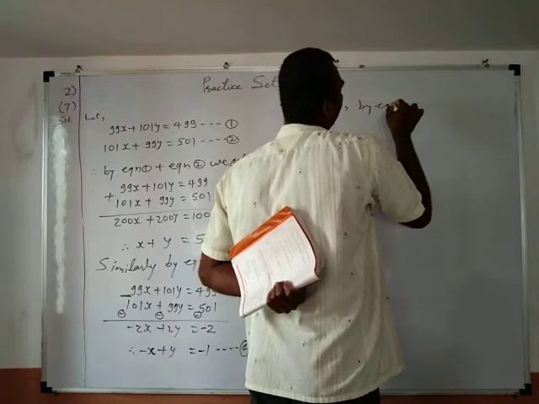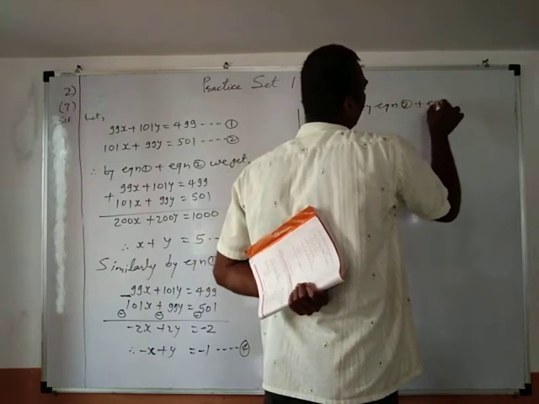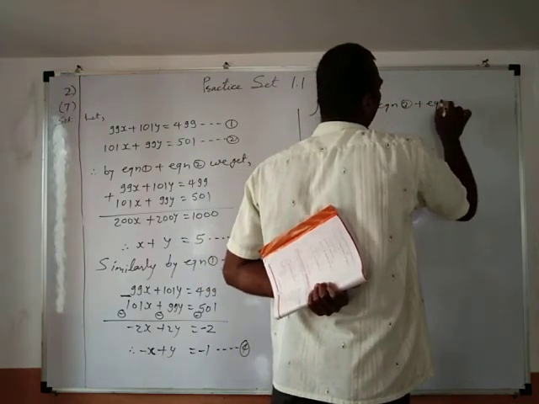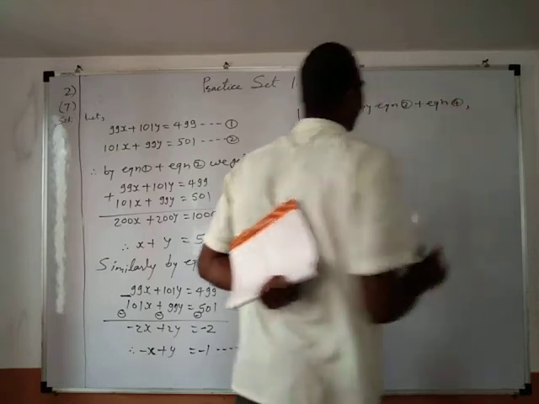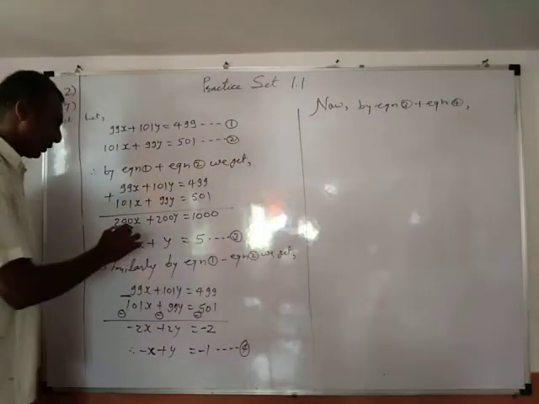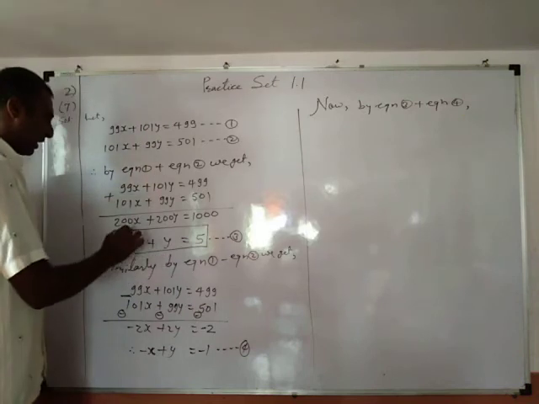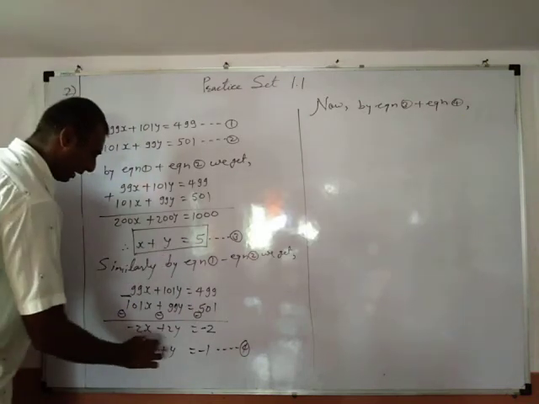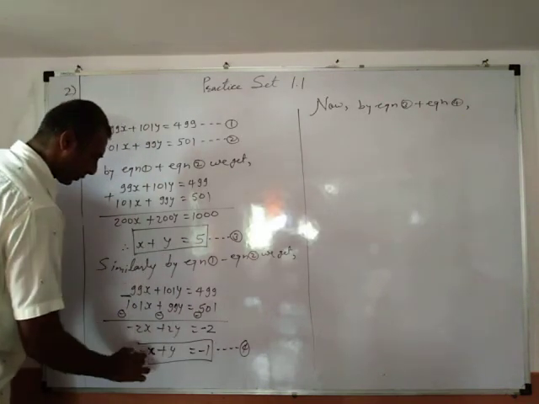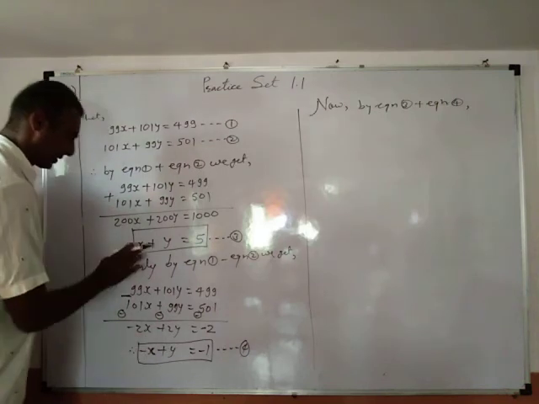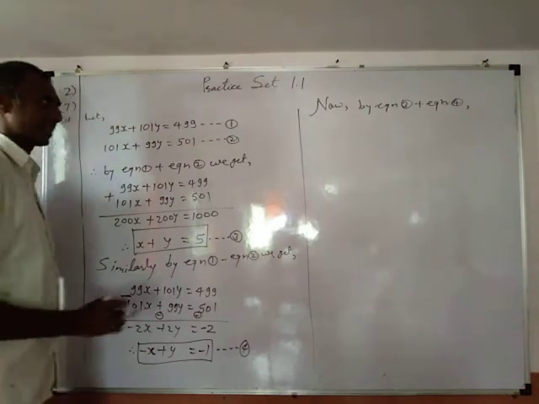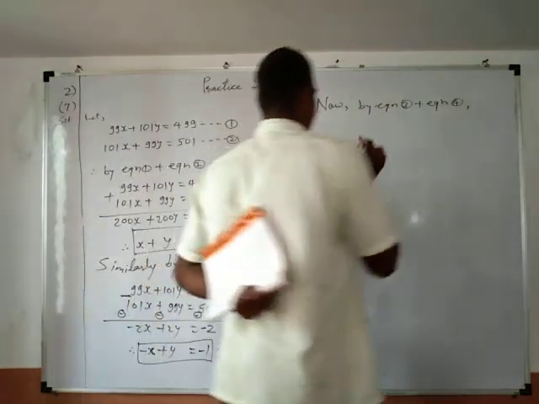Now, by equation 3 plus equation 4. Why are we adding these equations? You may note the equations are x plus y equal to 5 and minus x plus y equal to minus 1. Here is plus x, here is minus x. That's why we are adding these equations.